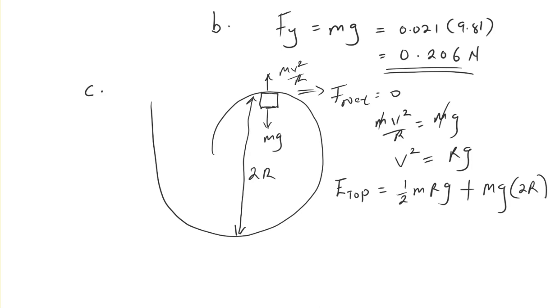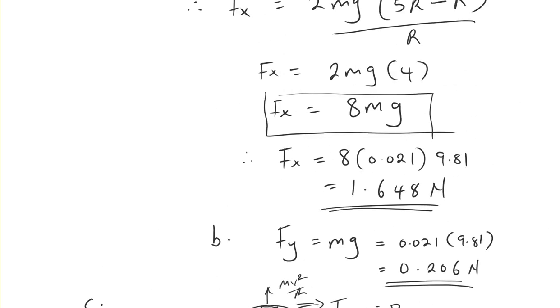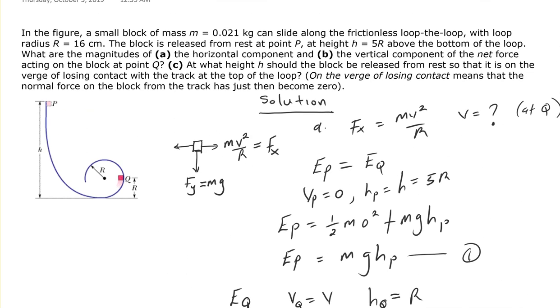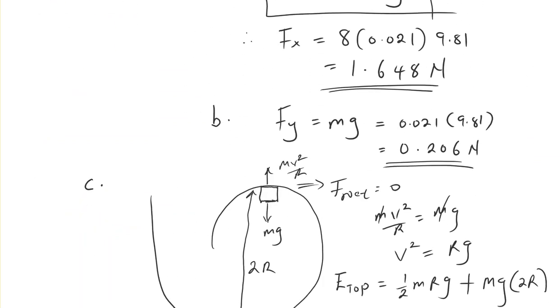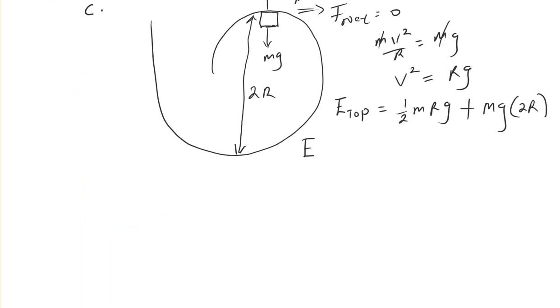So we just need to equate this expression to the energy at the height where it should be released from. So I'm going to call the energy at the point of release EP.